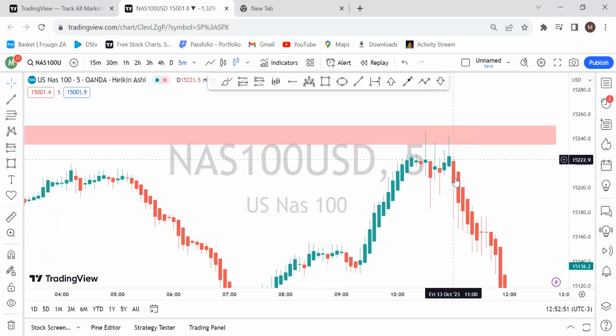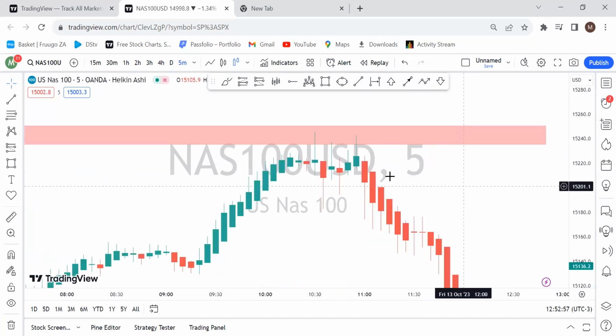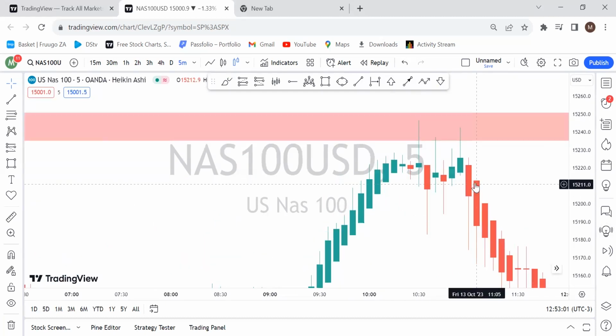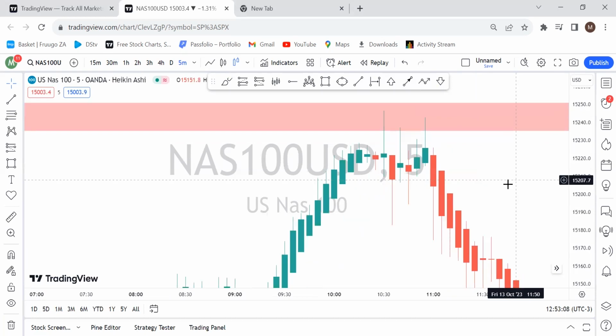So this was our first selling candlestick, and then followed by another selling candlestick. And as you can see, the second candlestick has no wick on top, which shows a lot of momentum to the downside. So with that information alone, now we have the confidence to execute.